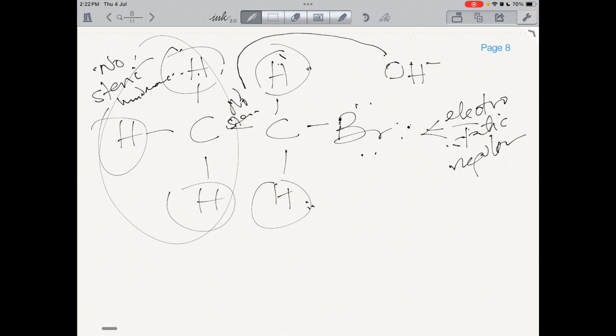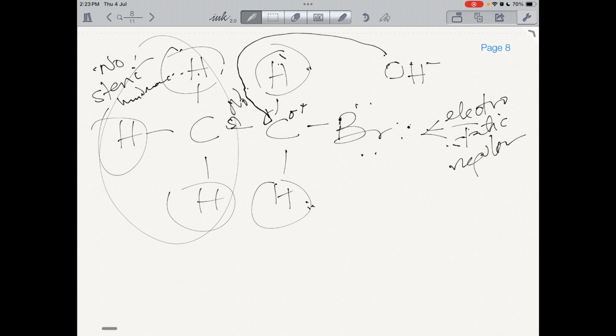This carbon is partially positive, so the hydroxide can come from the rear and attack. I've told you the reason why it cannot come from where the bromine is.